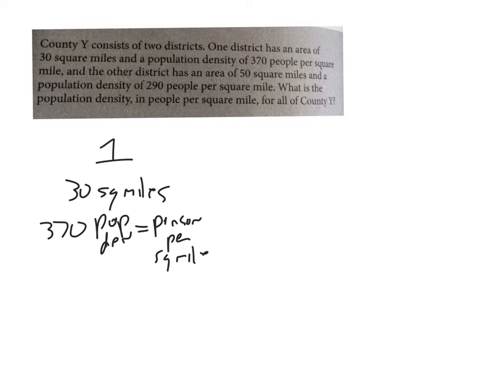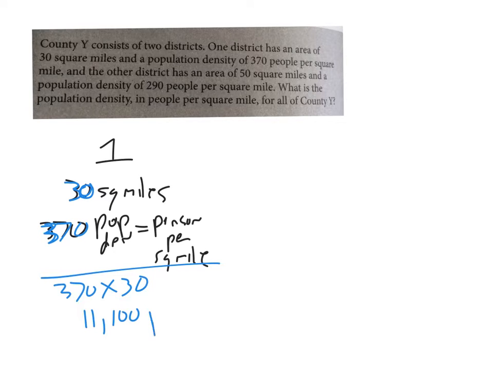Now what does that mean? Since there's 30 square miles and the population density is 370, if I take those two values and multiply them together, that gives me the total number of people in District 1. So that gives me 11,100 people who live in District 1.